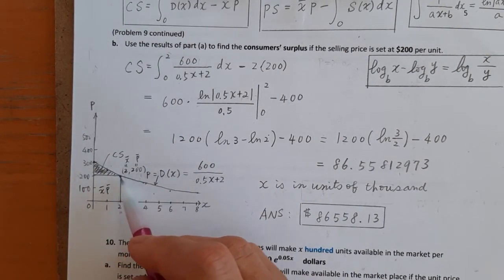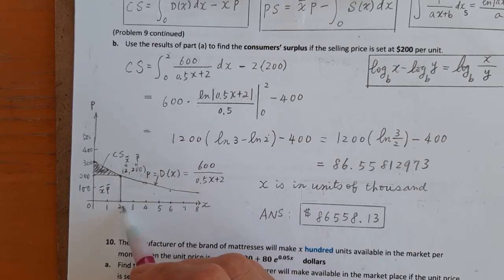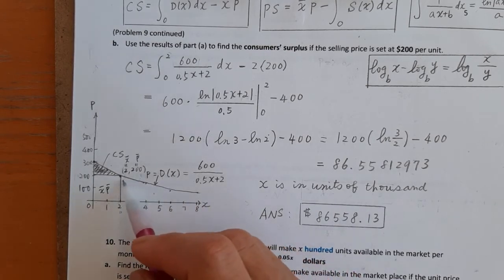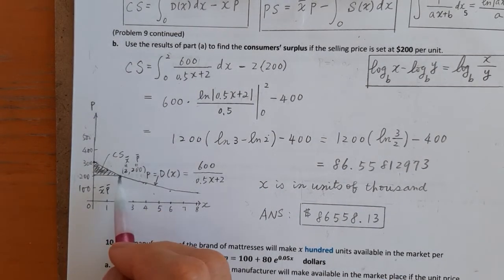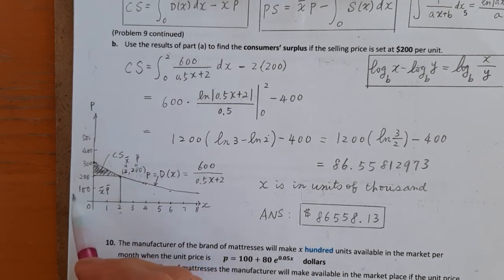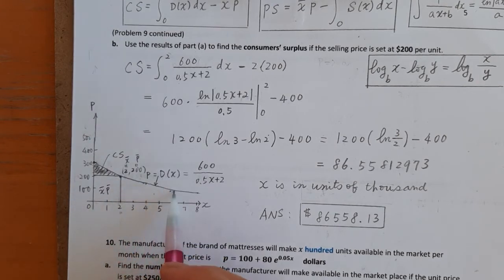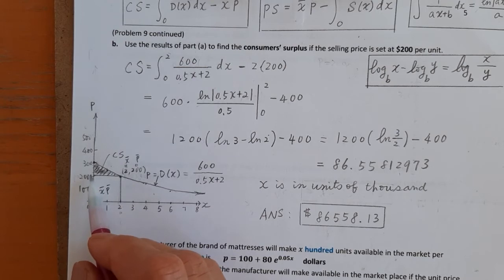It's over 2,000, over 2, which is over 2,000 units. Then you don't get consumer surplus. So if less than 2,000, the more you sell, the more demand, the price is lower.